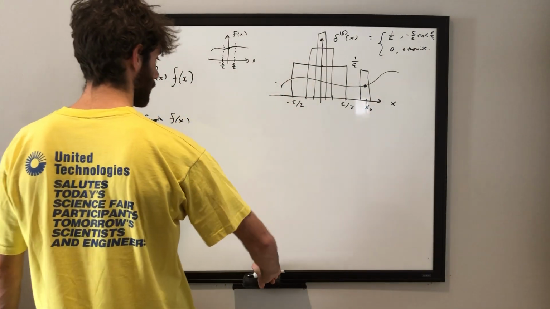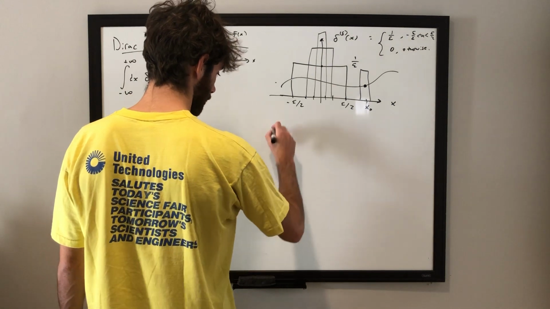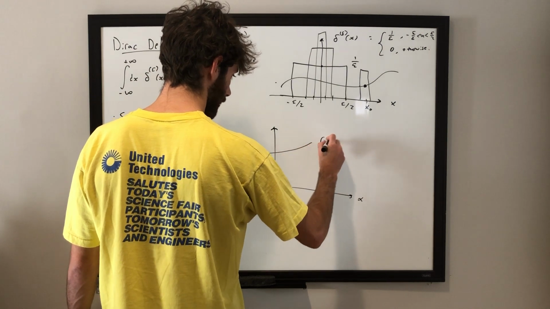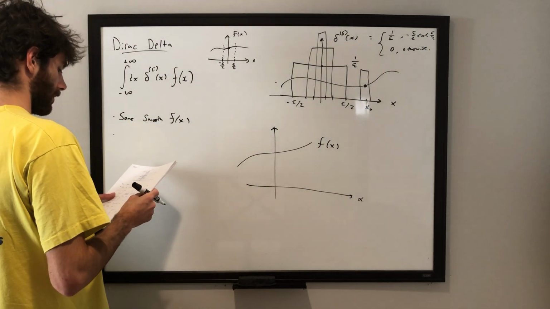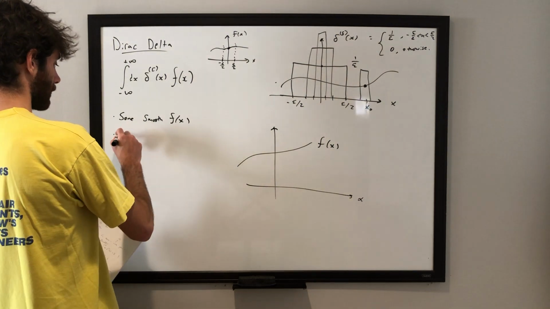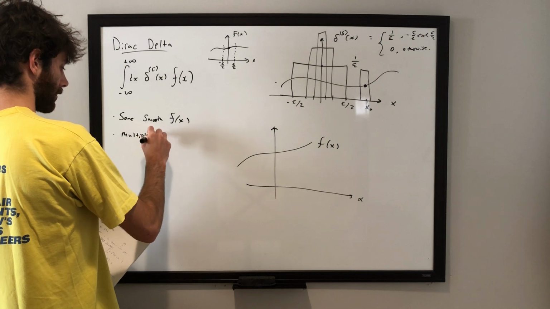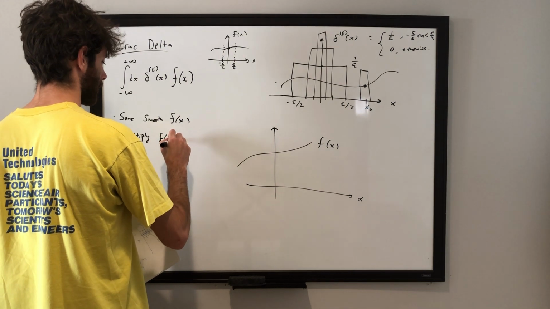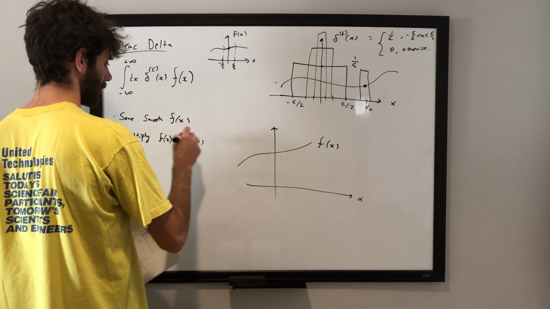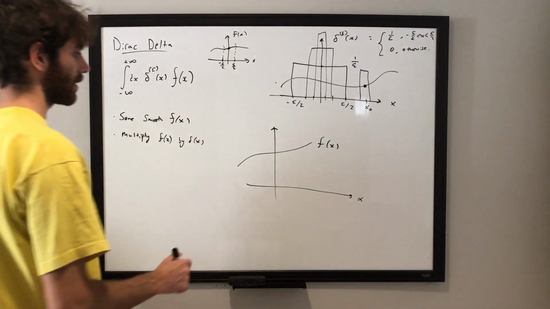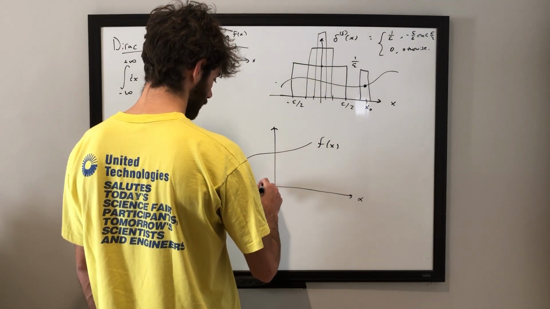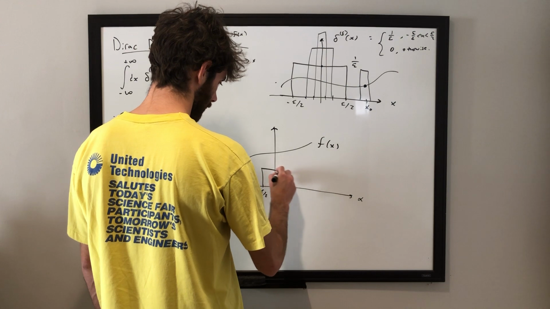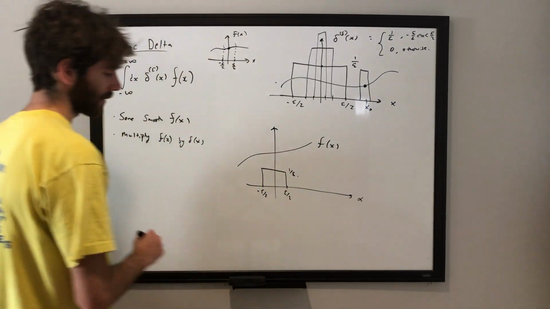So we have some smooth function f of x, and we multiply it by delta of x, and I'll just draw the epsilon, so there's my delta function.